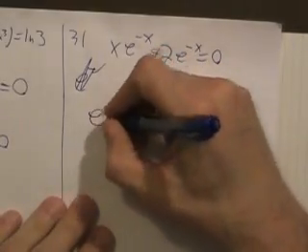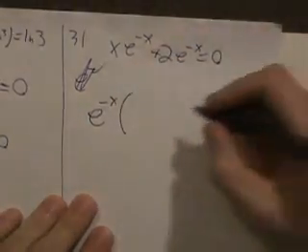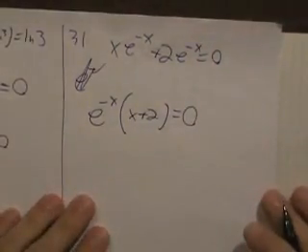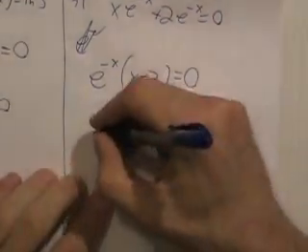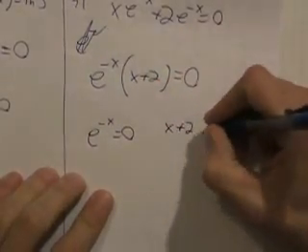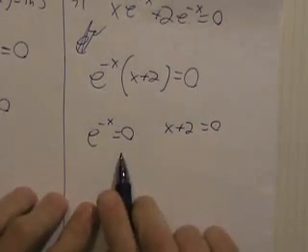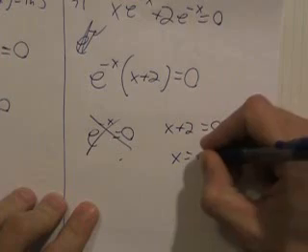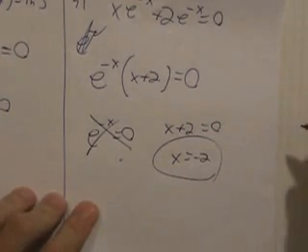And so that'll leave us with e to the minus x times the quantity x plus 2 equals 0. So, as per usual, either e to the minus x equals 0 or x plus 2 equals 0. You know this can't be 0 because it's exponential. You don't get any solutions from that. So x equals -2 for that one. And that's all she wrote.